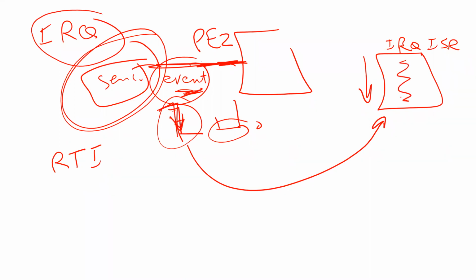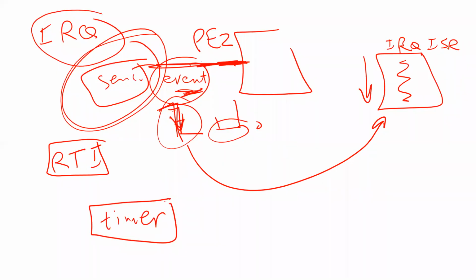Now, RTI is somehow different. RTI is a timer. Number one, it does not have an external pin like IRQ. RTI is actually a timer inside the microcontroller, not outside.